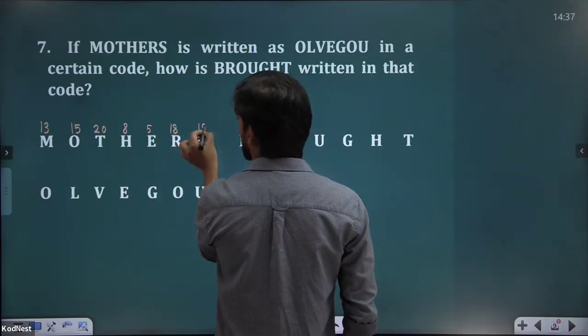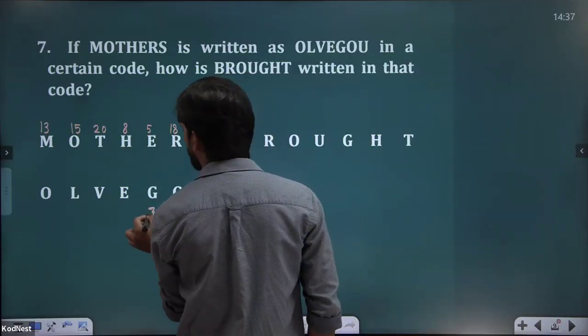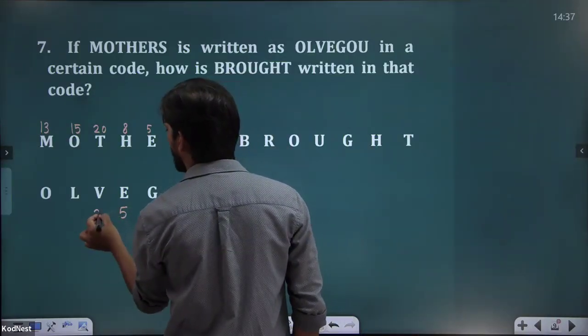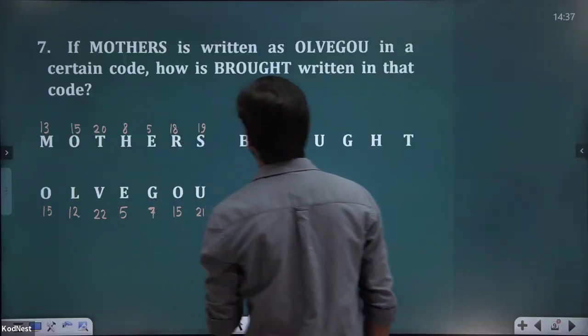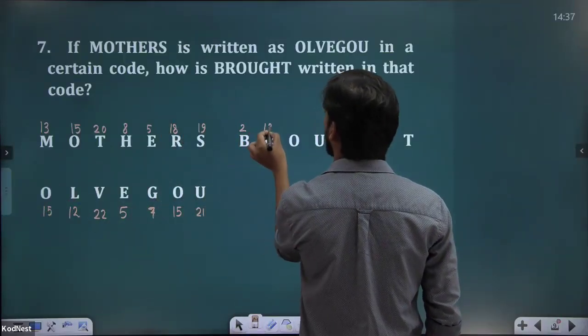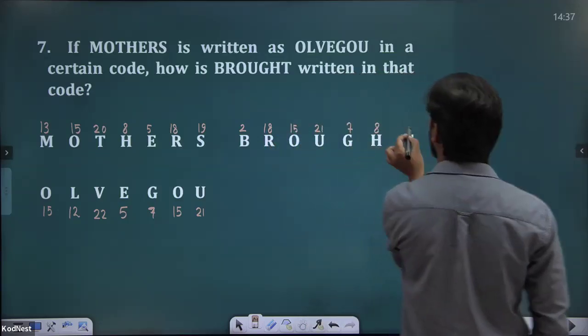Right to vote age, Samsung 19, University 21, Oppo 15, G7 countries, E 5, Vivo V22, last year 12, Oppo 15. Okay, 2, 18, 15, 21, 7, 8, and 20.